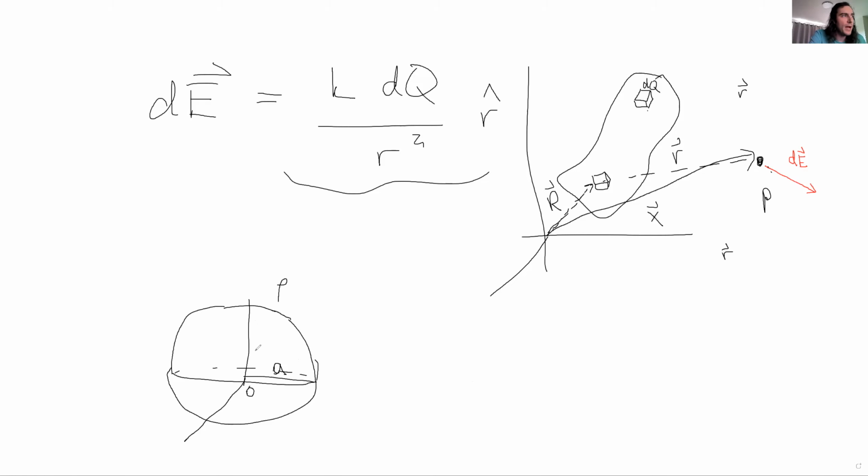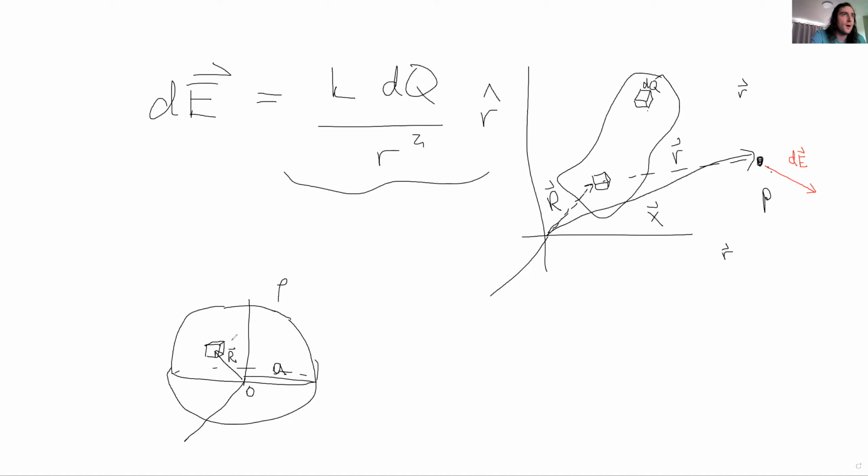We take little patches, like so, and how far away this patch, this volume element, is from the center, that's what we called big R in the other picture.